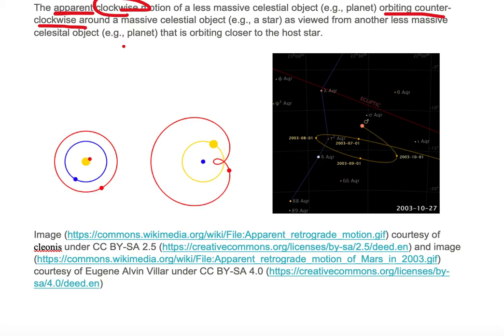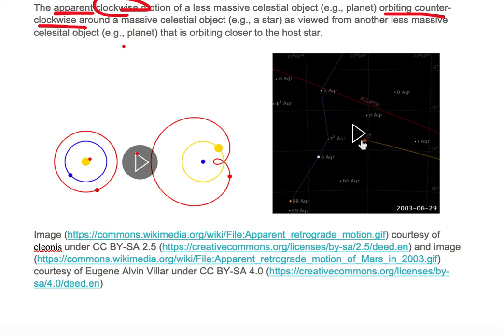Now, how this loop occurs is when we have a situation where the Earth is approaching Mars in its orbit. When we have the motion of the faster Earth approaching the slower moving Mars, we have the start of our apparent retrograde motion.